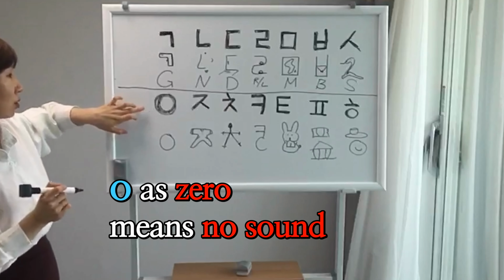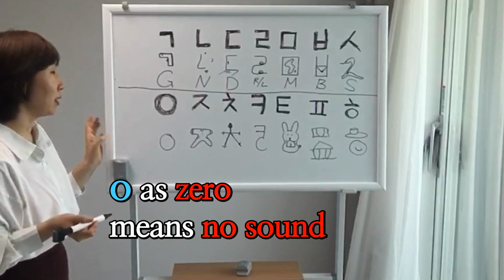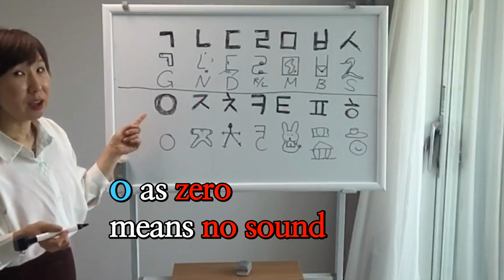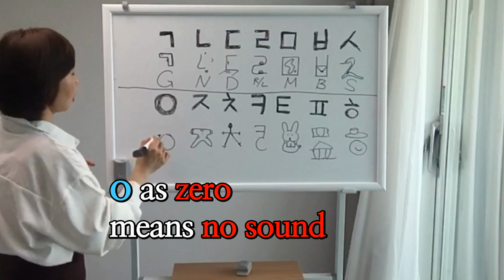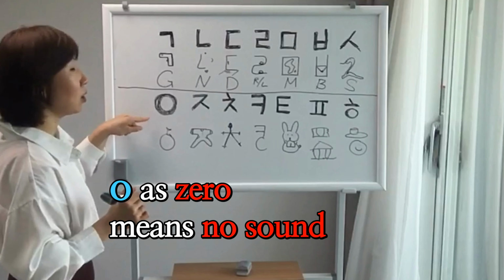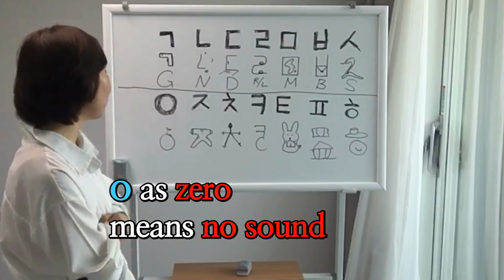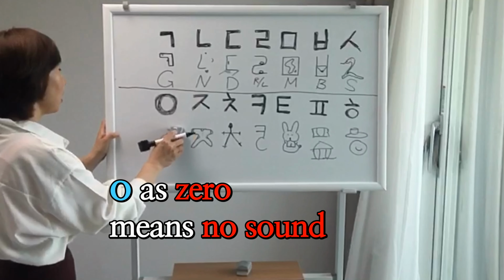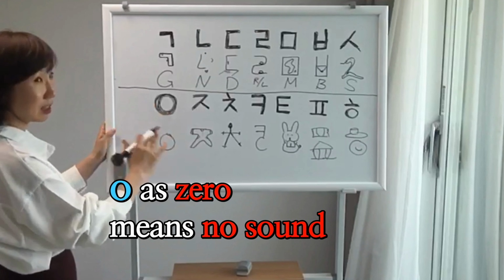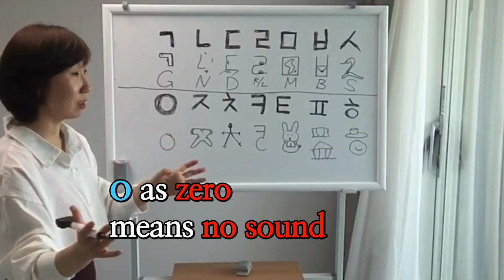Alright, so this is just a circle looking character, and this one's quite versatile. I could almost say that this looks like an orange, but this will follow other vowel sounds. So you can think of it as more like nothing, like zero, no sound, but it just follows the other things.